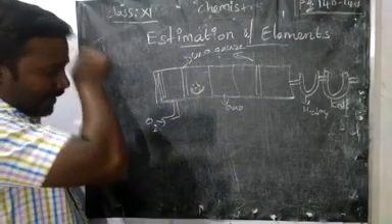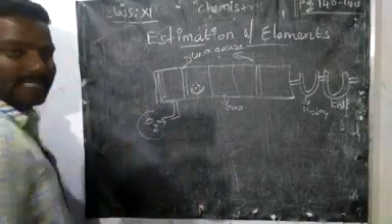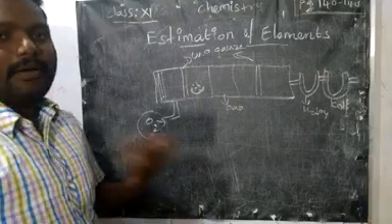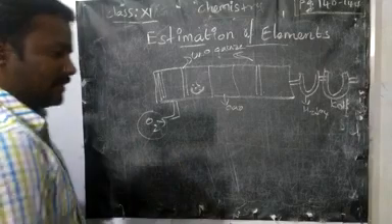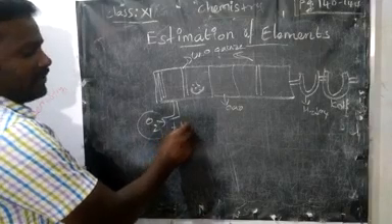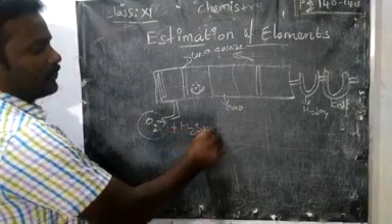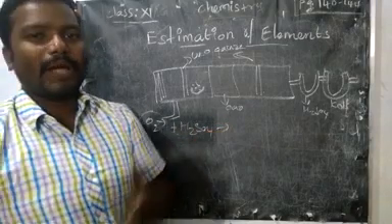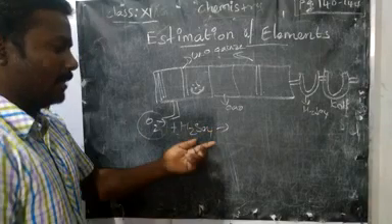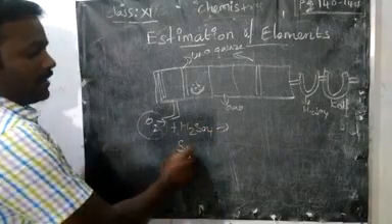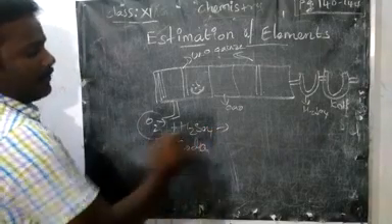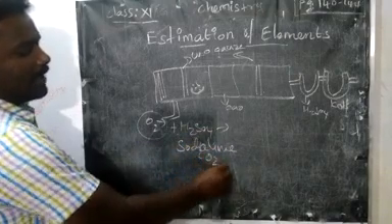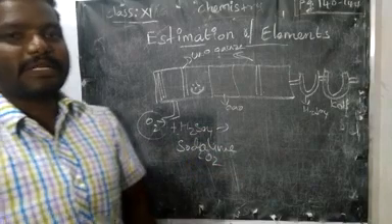The first heading, oxygen supply. We are supplying the oxygen, but we cannot supply it directly; it should be pure oxygen. For that, first we pass it through H2SO4, which will absorb any water moisture in it. And we also pass the oxygen through soda lime, which will absorb any carbon dioxide present in the oxygen.